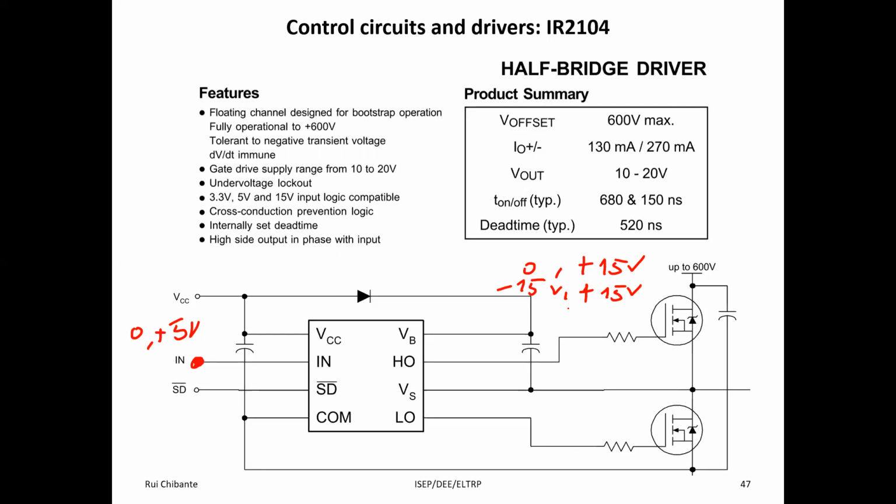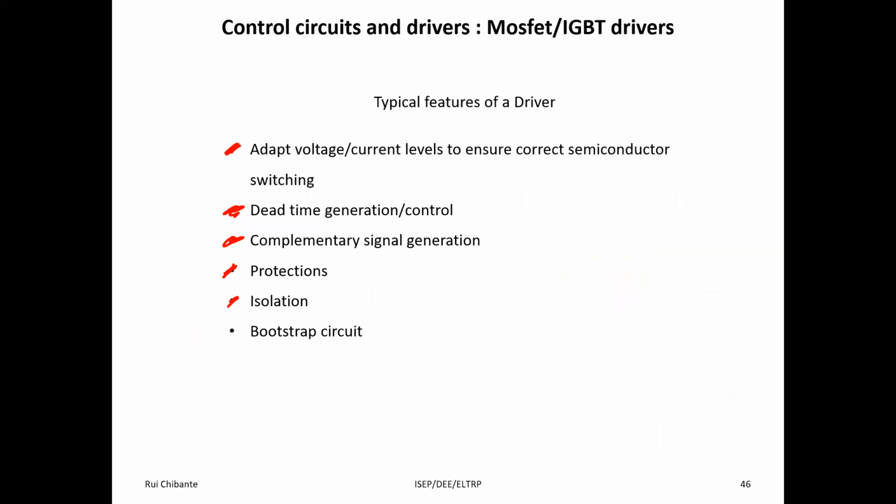Okay. So drivers make this conversion between an input signal and another signal with different characteristics, okay, that sometimes are needed in order for the transistor to switch as we want, okay. It is mainly related to the frequencies. The higher the frequencies, typically the higher the voltage we need to use, okay.